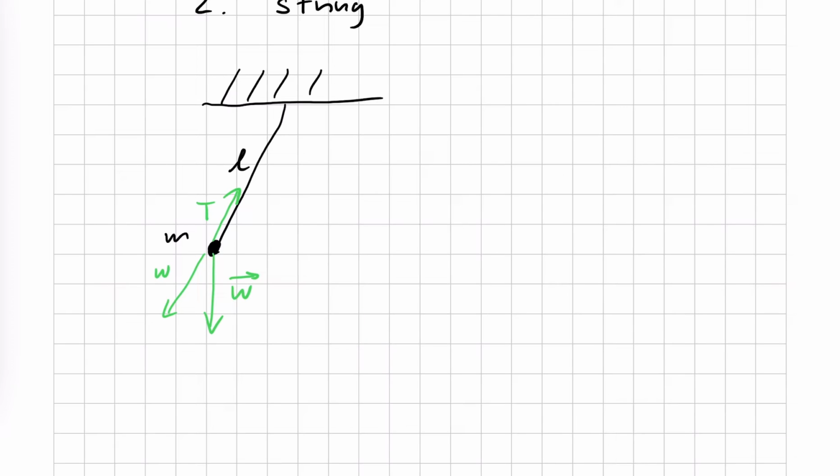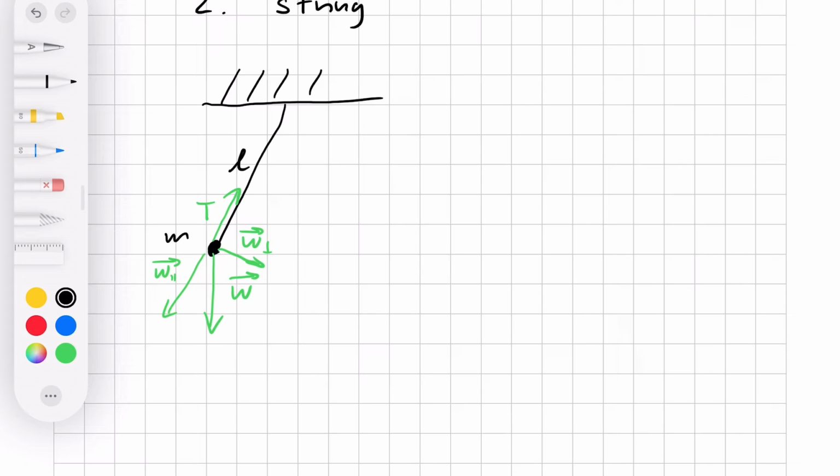So weight parallel and weight force perpendicular. Now, one thing I should also introduce is that there is an angle phi here, which describes how much the pendulum has moved away from the equilibrium position.